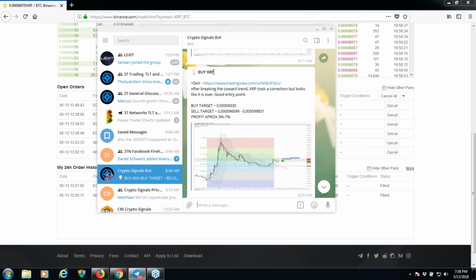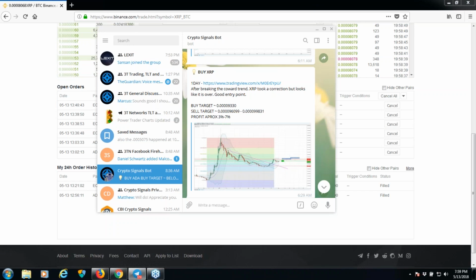It says buy XRP. Now see what it says here, buy it at 0000, that's 4 zeros, 93.30, and sell it at 96.09, right? Sell target 96.09 to 99.8. So 3 to 7% profit, right? 96.09, remember that.